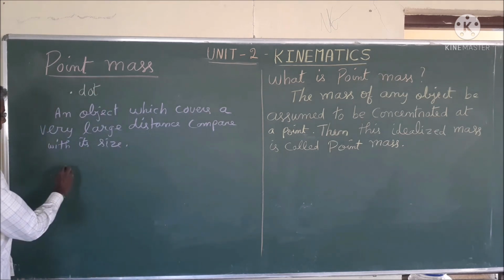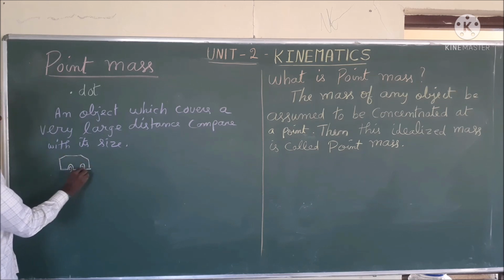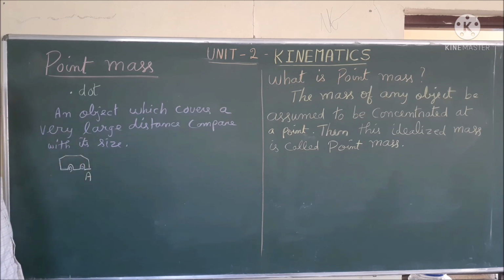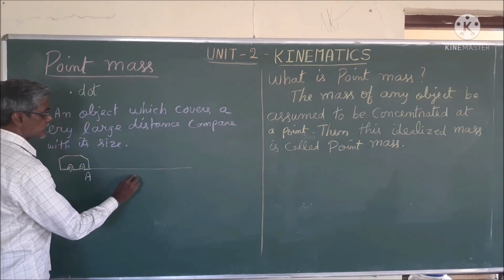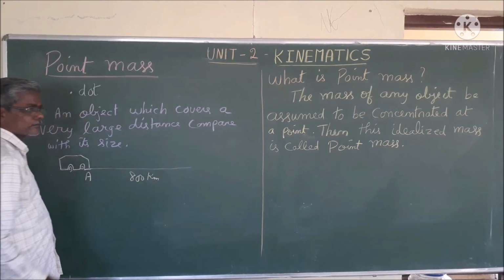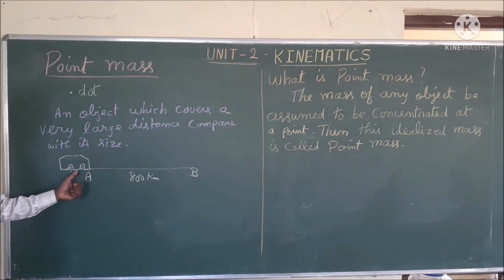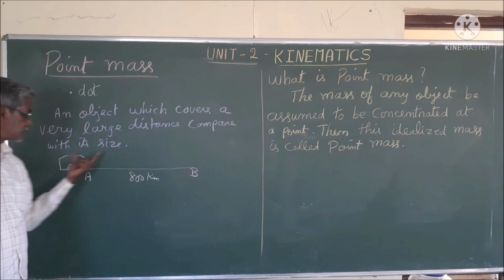For example, let us consider a car. The starting point is A. Now, the car covers a distance of 800 km and reaches B. Here, the distance covered is larger than the size of the car.